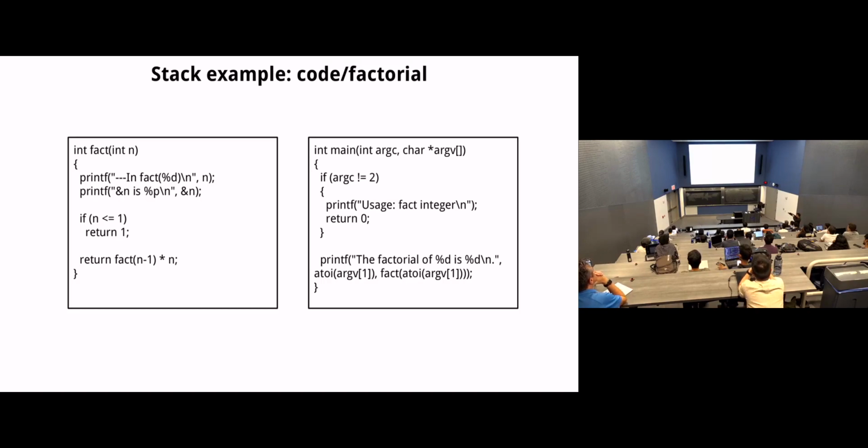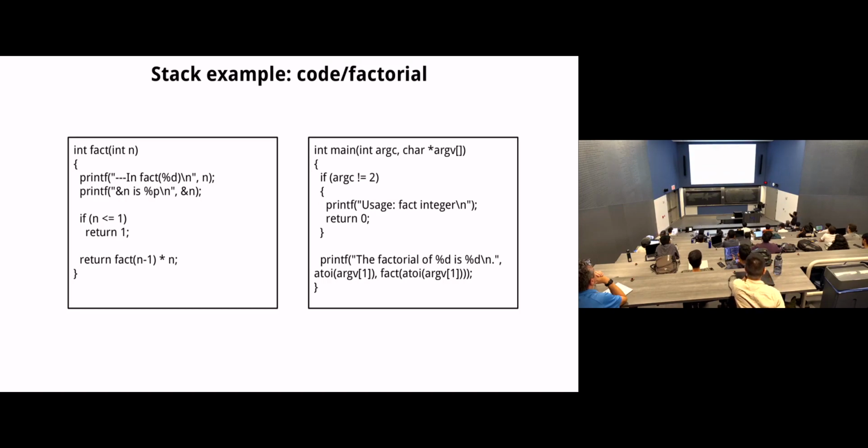The first time we print out, it's factorial 4, right? Later, we'll print out the address of this parameter, which is 4. Then if this number is 1, we return 1. Otherwise, we call this function again, to get the factorial of n minus 1, then multiply that by n.